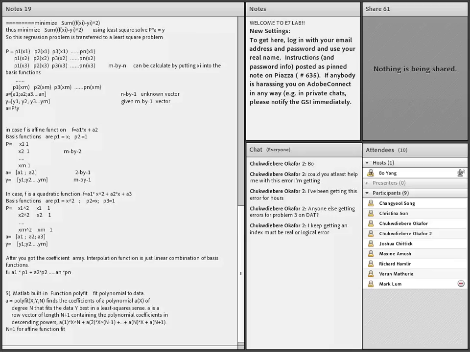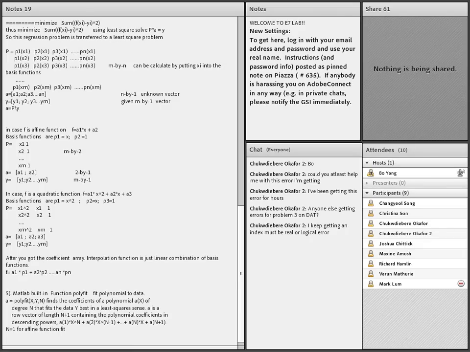The first input arguments are the training data, when given a group of training data x1, y1, x2, y2 to xm, ym. So capital X is a vector of x1, x2 to xm, and y is y1, y2 to ym.